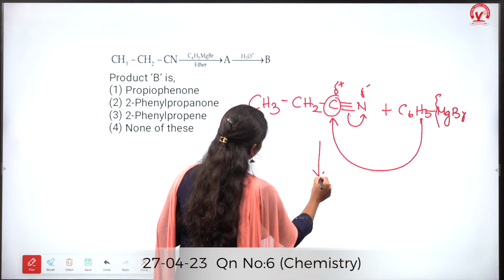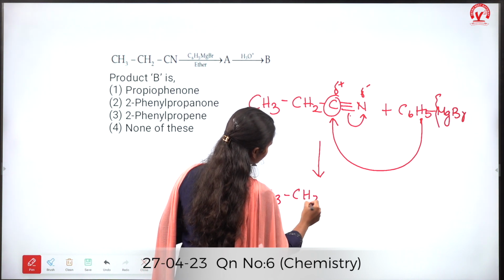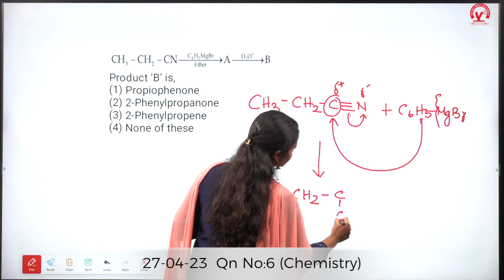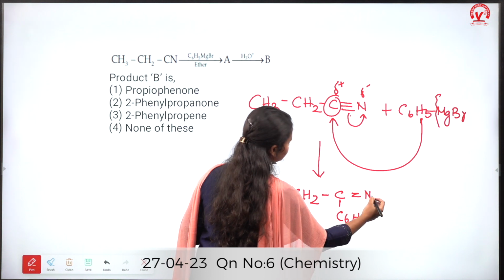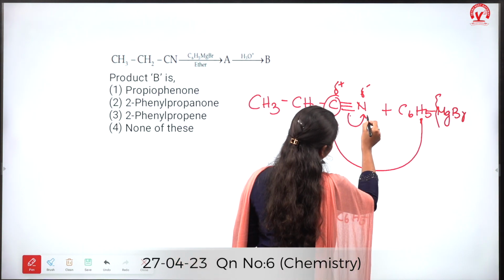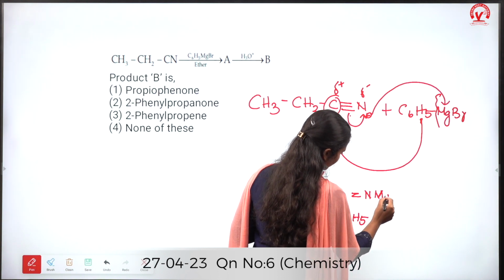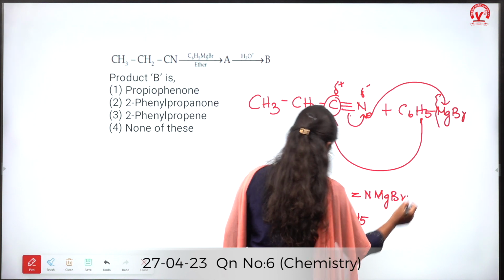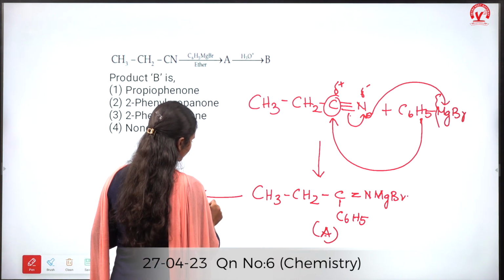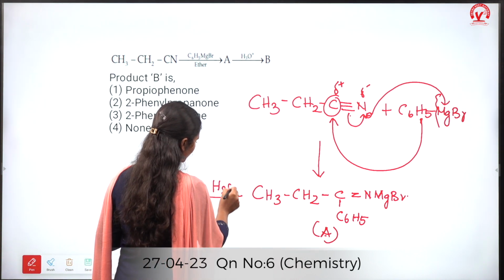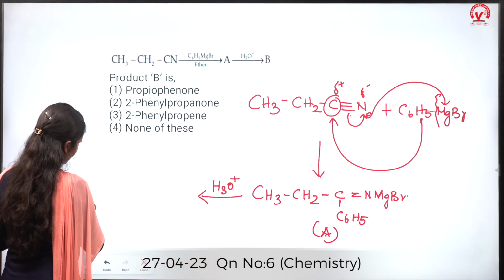So we get CH3CH2C(C6H5) double bond N, and this negative charge attacks MgBr. This is product A.